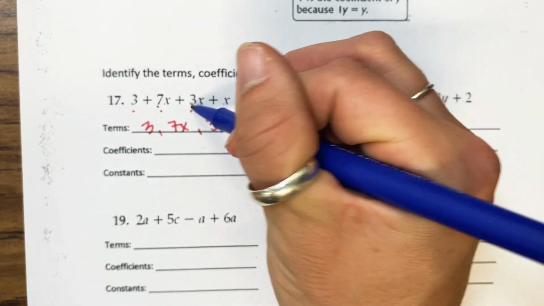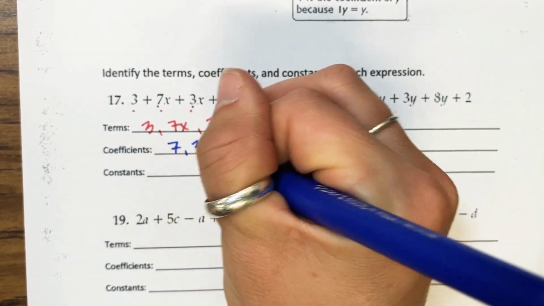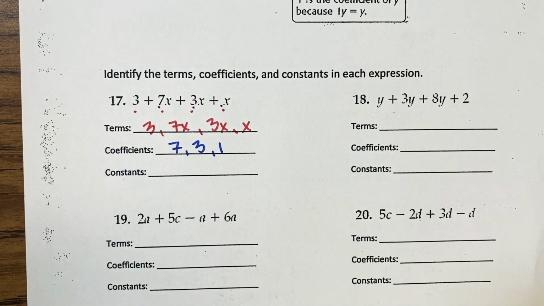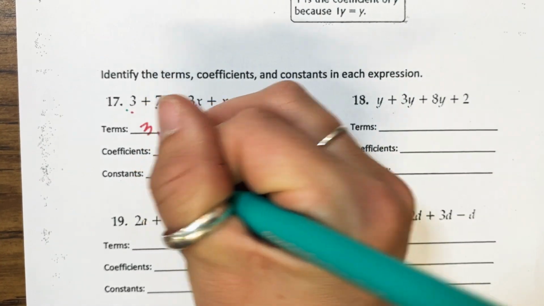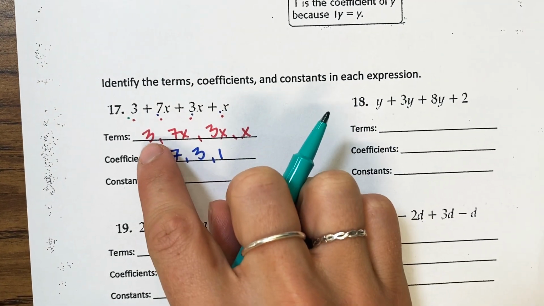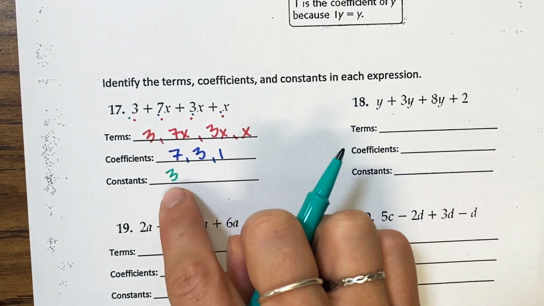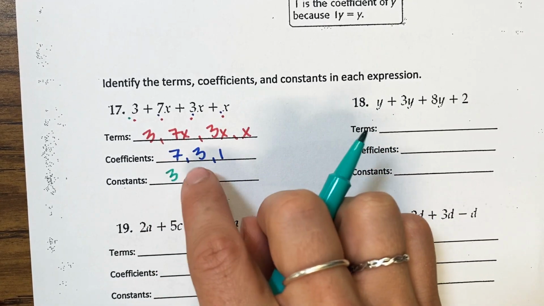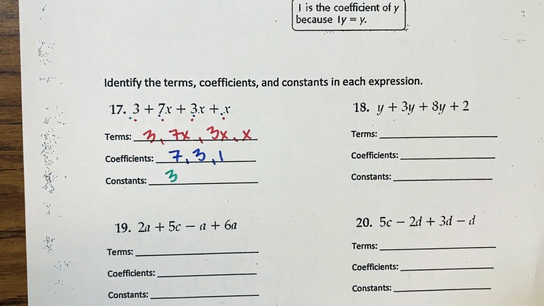I have a 7 and a 3 and a 1. 7, 3, and 1. And then our constant is the 3. Okay, notice that if you have 4 terms, 1, 2, 3, 4, then your coefficients, 1, 2, 3, plus your constant should equal 4. You can never have something that is both a coefficient and a constant, okay? It either has a variable or it doesn't.